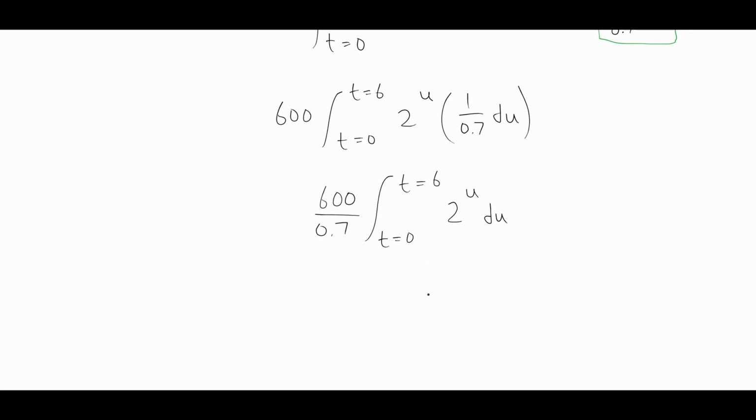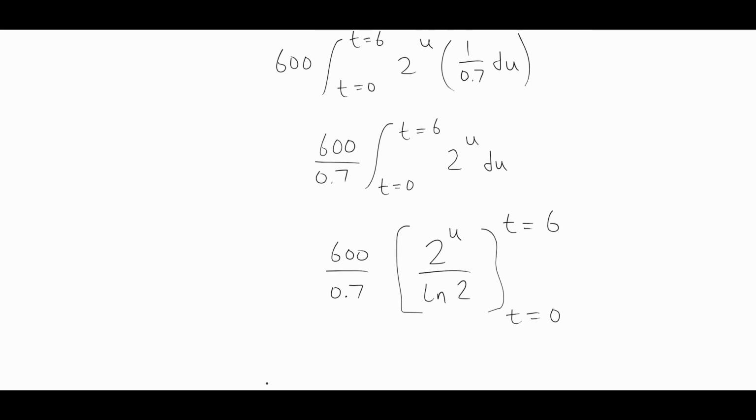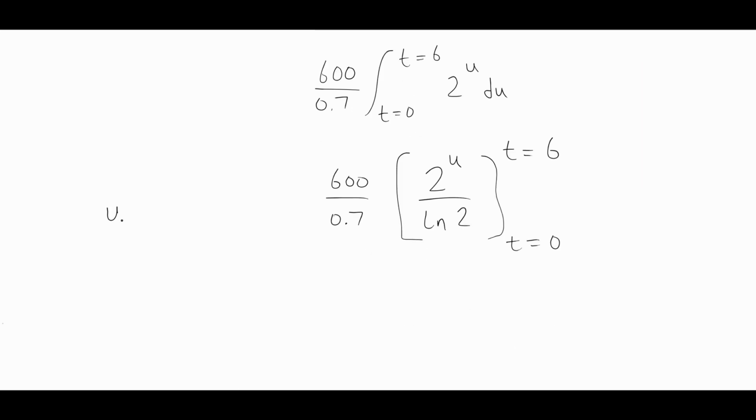So first, let's write the antiderivative. This is going to be our antiderivative of 2 to the u. Then I'm going to put the limits in, but make it clear that they're not u values. Now I'm going to substitute back in what we originally let u represent.